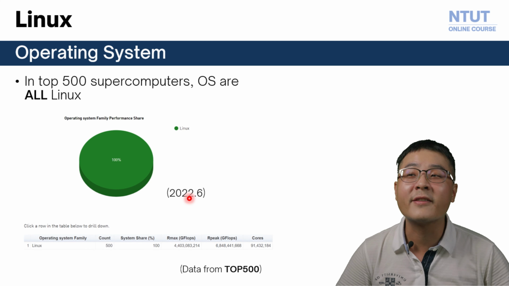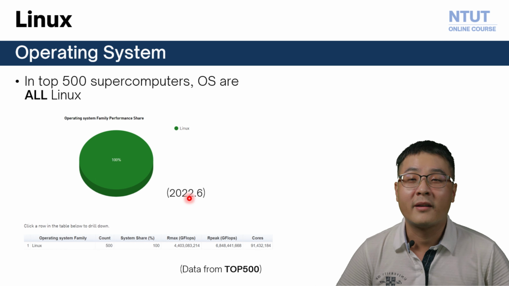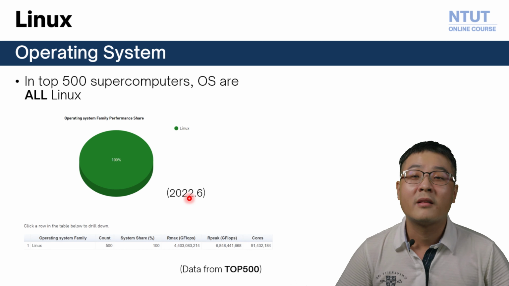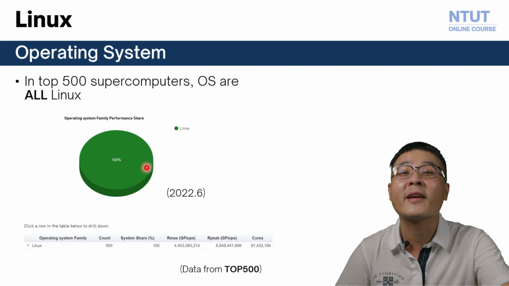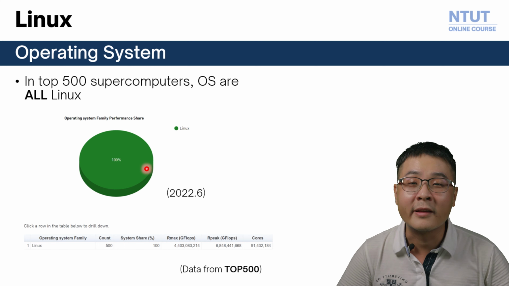If we examine the data in detail, just counting the operating systems in the top 500 supercomputers, the operating system would be all Linux. So it should be 100%. You cannot find any other kind of operating system in supercomputers.